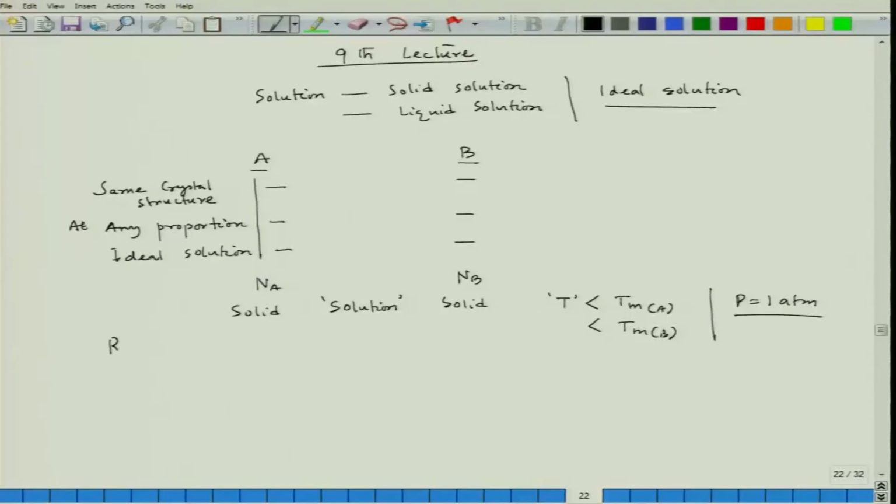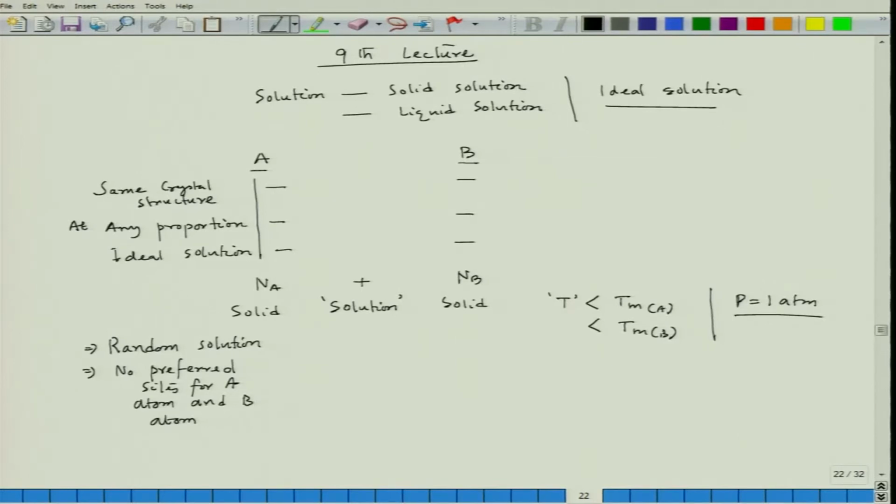So, random solution and no preferred sites for A atom and B atom.